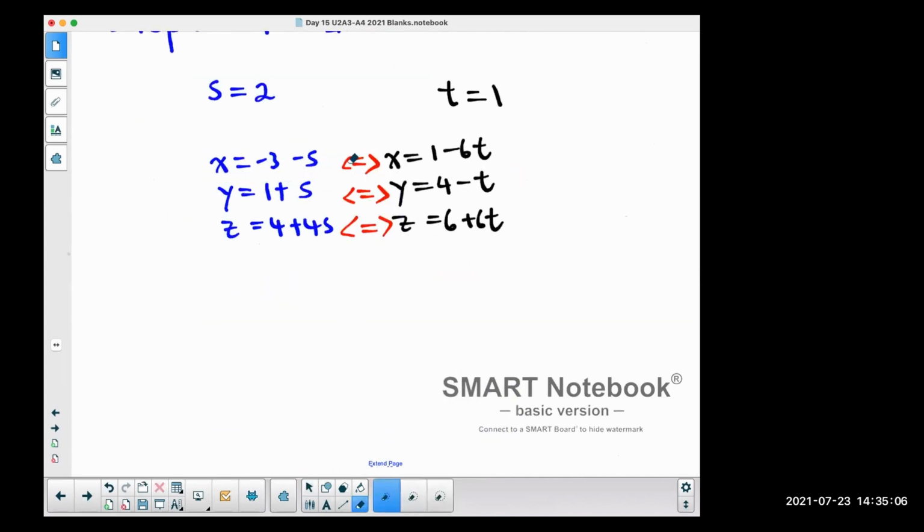Okay, so now I'm going to substitute the value of s and t back into the two separate lines to see if it's the same point or not.